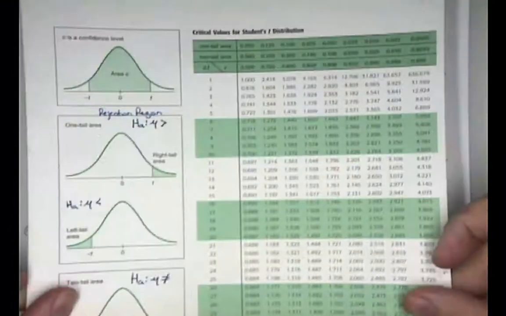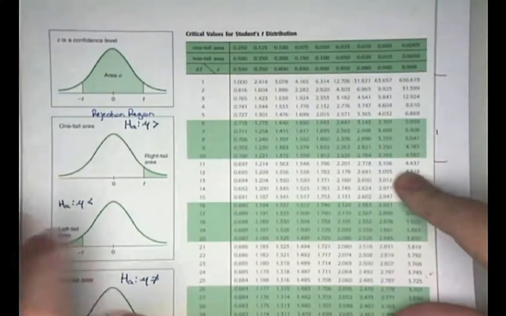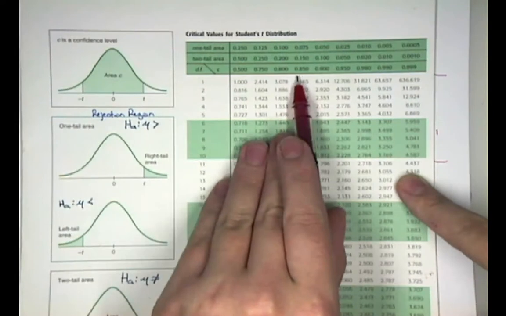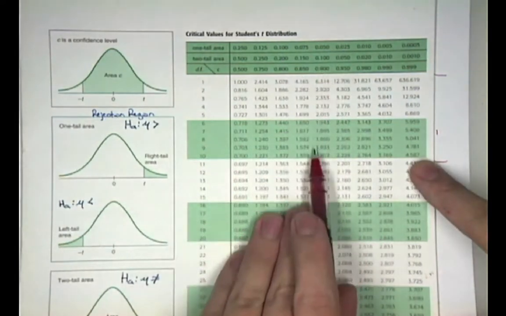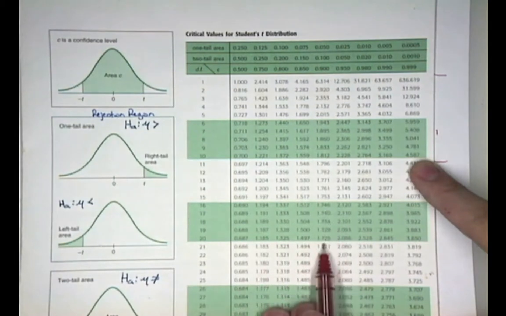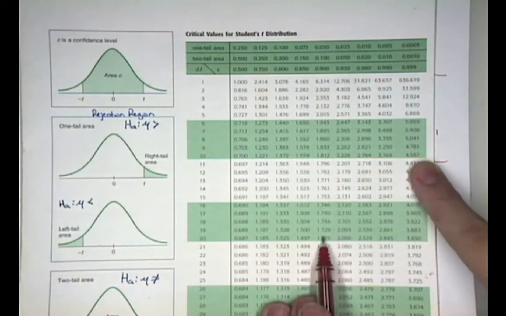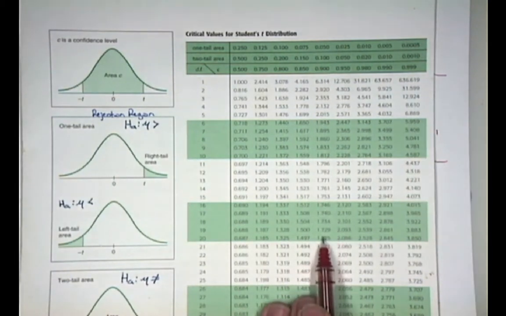So let's come over here, and again it was for a 90% confidence interval, so let's get out our t-table. Let's go to 0.900 on the C row, and let's go down to our 19 degrees of freedom, which will give us a critical value of 1.729.